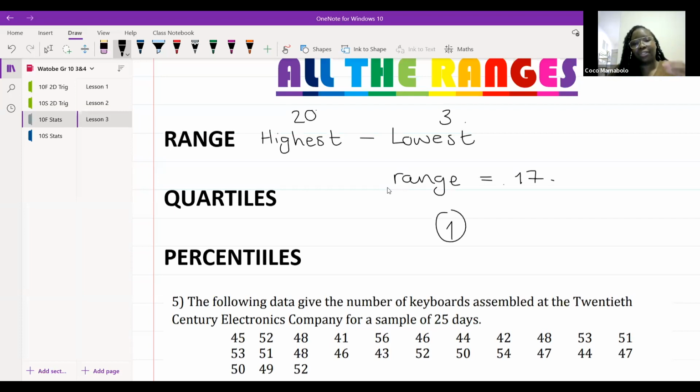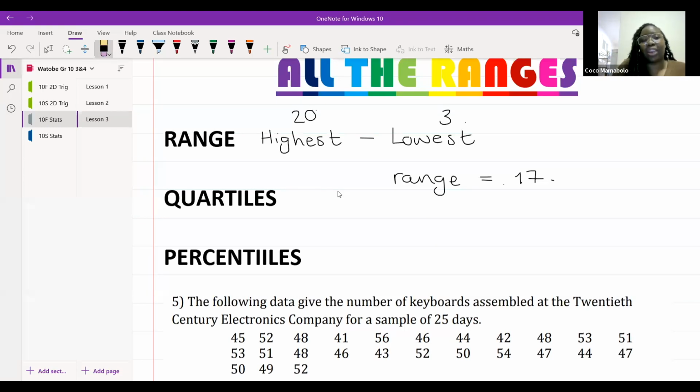My answer must fall in there. So the range will tell us where the values will fall.